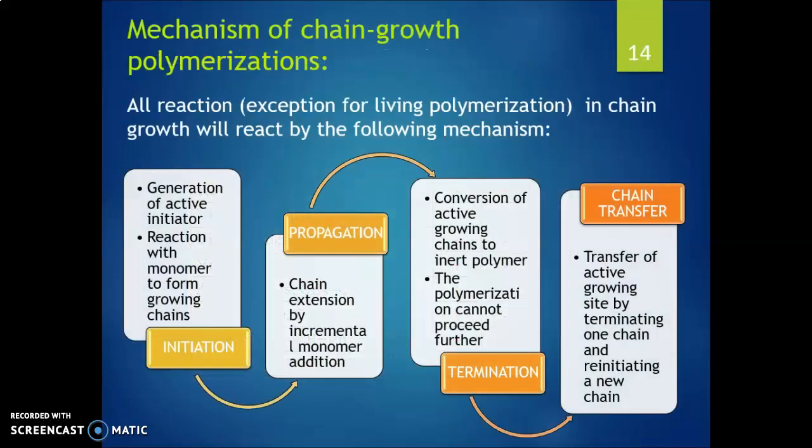Okay, this is the mechanism of chain growth polymerization. So all the reactions, except for living polymerization, in chain growth will react by the following mechanism. First, the generation of active initiator reaction with monomer to form a growing chain. So all the steps in chain growth polymerization must start with the initiation first.